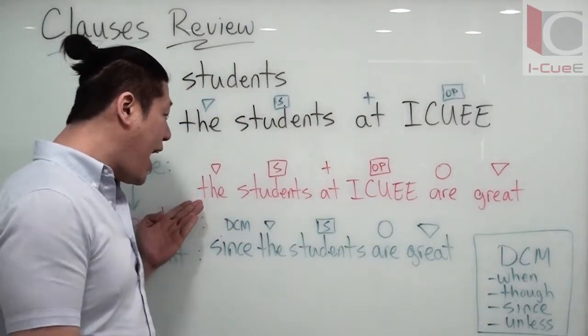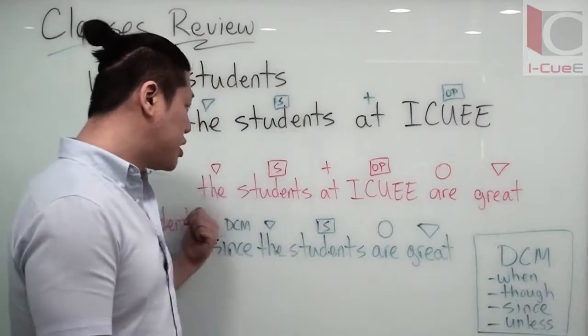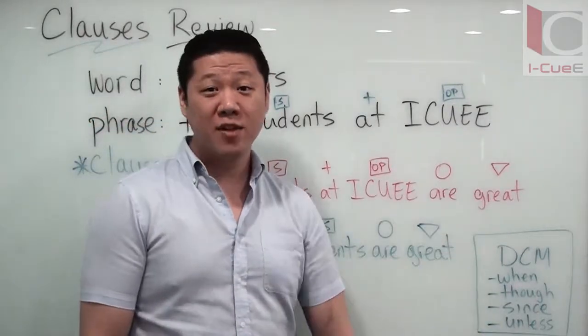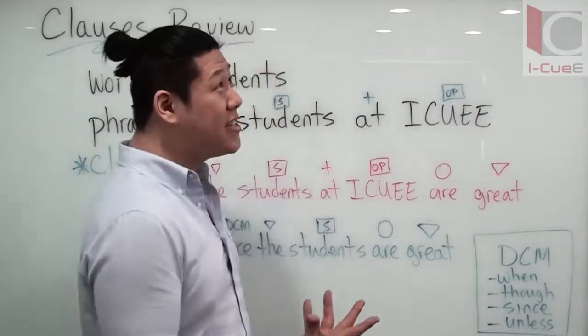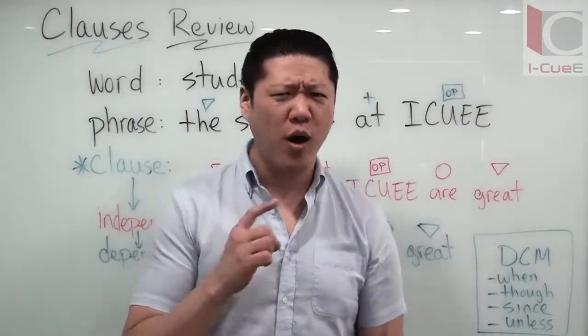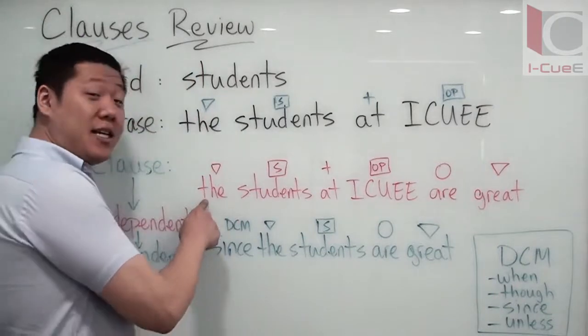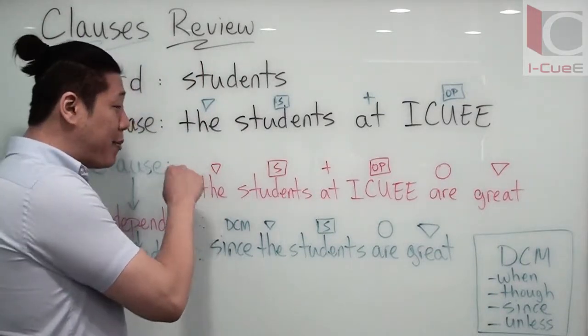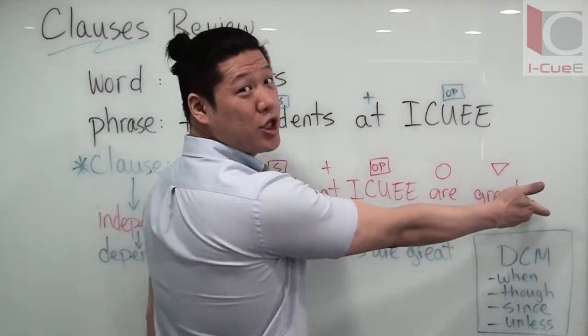So here I have a complete thought. The students at IQ are great. Looks like a sentence. When I say it, it sounds like a sentence, but when you're writing it, not a sentence. Why is it not a sentence? Because I need the capitalization at the beginning, capital T, and some kind of punctuation mark at the end.